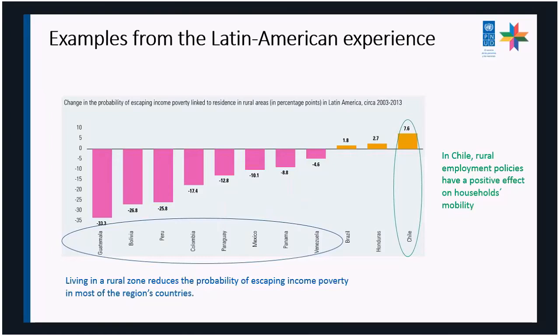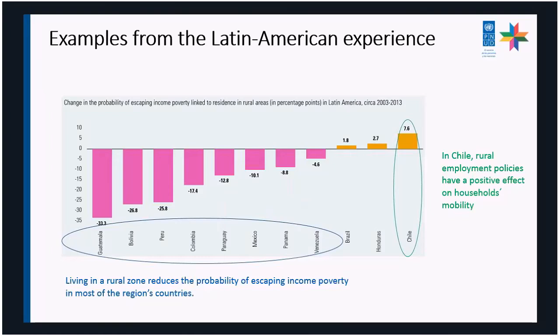But for instance, in Chile, where that divide is less pronounced, rural employment policies could have a positive effect on household mobility, and that's the contrary to, for instance, Central America or Bolivia or Peru.